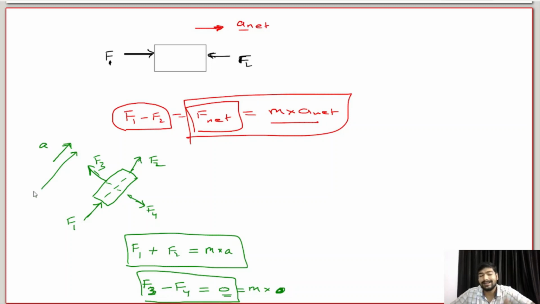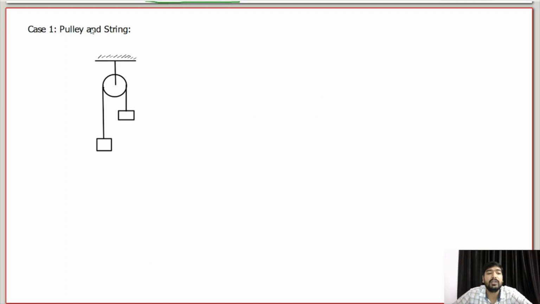Let's understand this more with some examples. First we are taking the case of the pulley string. Here there are two masses mounted on a string, and this string is placed over a pulley, and this pulley is attached to the ceiling.